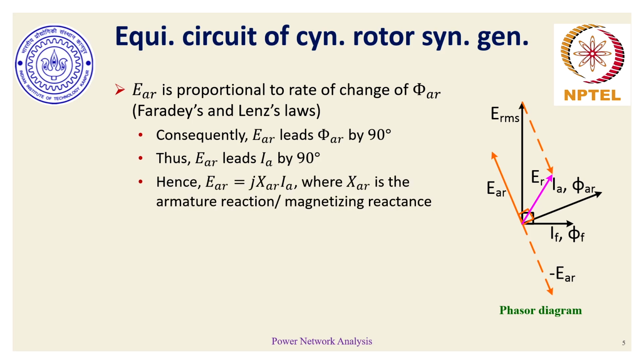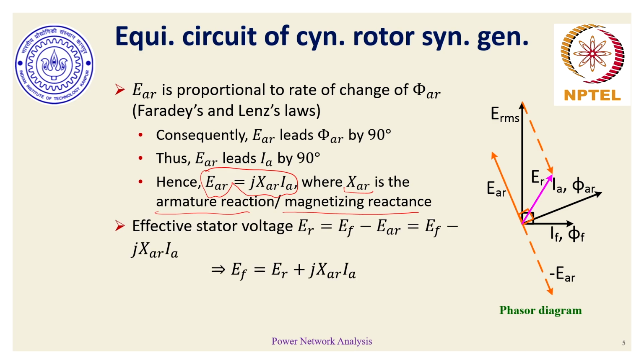If XAR is the armature reaction reactance or magnetizing reactance, then the armature reaction voltage EAR can be mathematically represented in terms of IA through the inductive reactance. So jXAR IA is nothing but EAR.